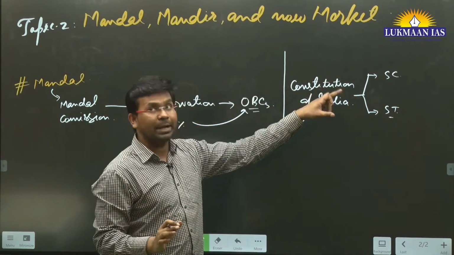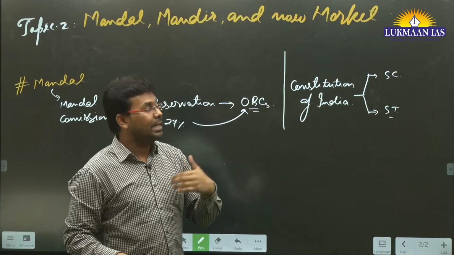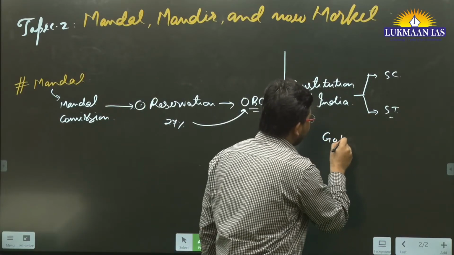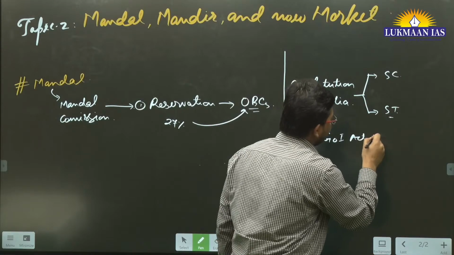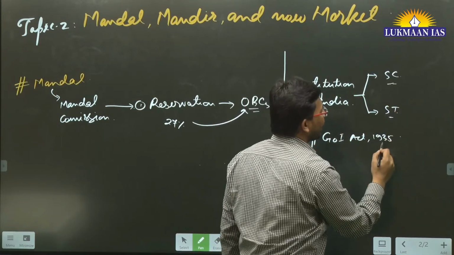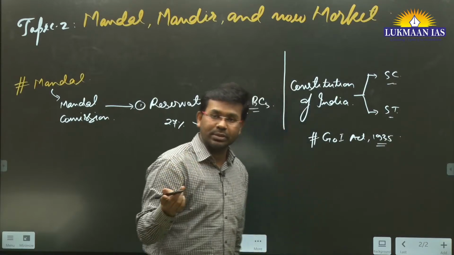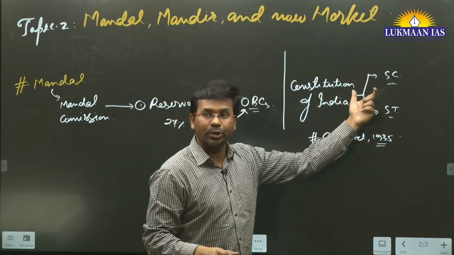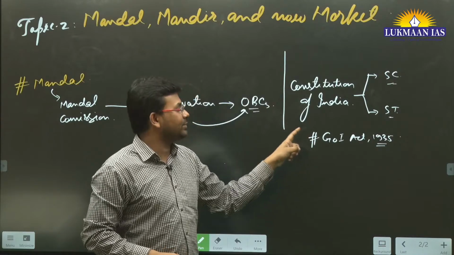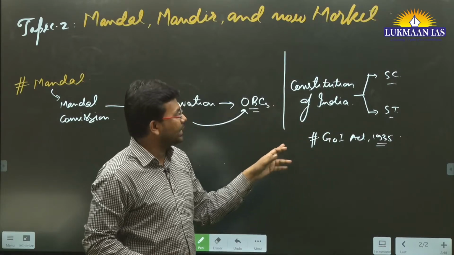And why do we name them scheduled castes and scheduled tribes? It is because the Government of India Act 1935 created schedules, and there they mentioned scheduled castes and scheduled tribes. We have taken this subject as it is from the Government of India Act 1935.